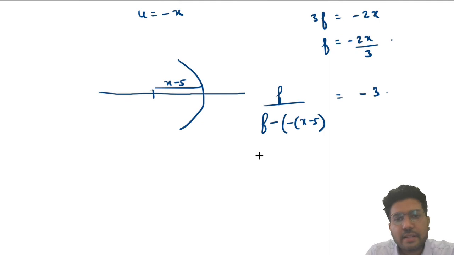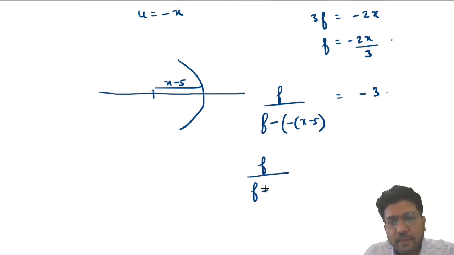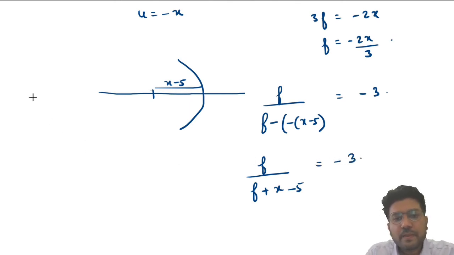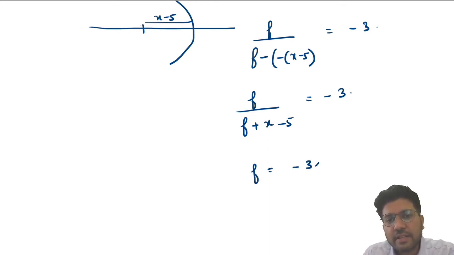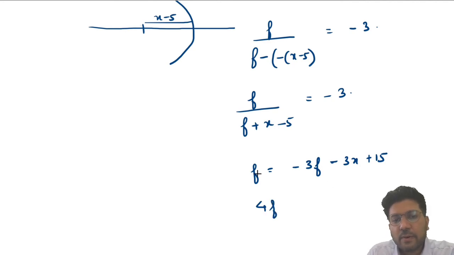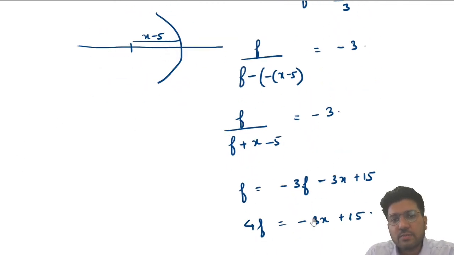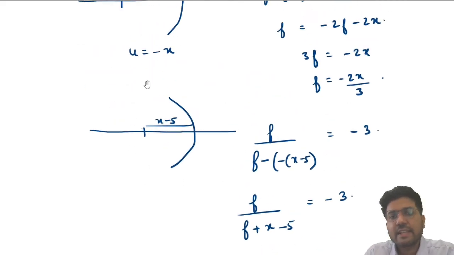So f by f plus x minus 5 is equal to minus 3. From this you get f is equal to minus 3f minus 3x plus 15. So 4f is equal to minus 3x plus 15, and put f is equal to minus 2x by 3 here. You will get the value of x as well as f.